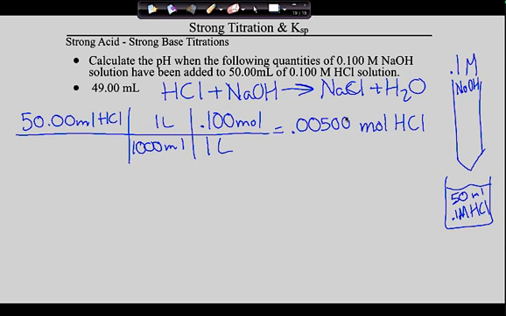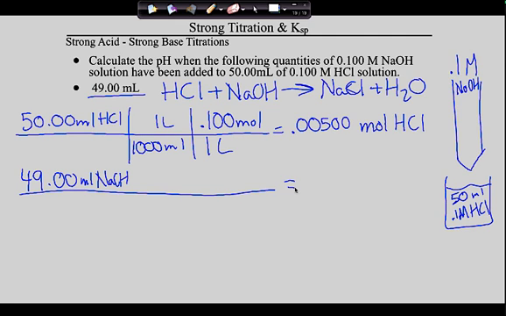Now what we need to figure out is how many moles of NaOH we've added to that. So we need to do a similar calculation starting with the milliliters of NaOH. We've got 49.00 milliliters of NaOH. 1,000 milliliters is 1 liter, 1 liter is 0.100 moles.